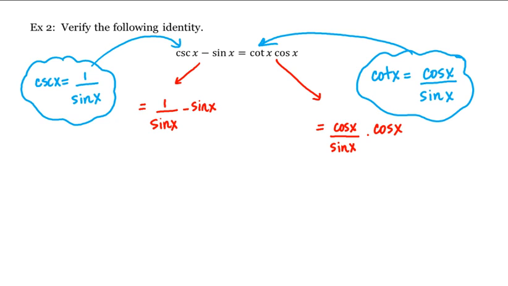And now we can find a common denominator on the left-hand side. That is, this is equal to 1 minus sine squared x divided by sine x. And by the Pythagorean identity we just saw in the last example, the numerator here is equal to cosine squared x.